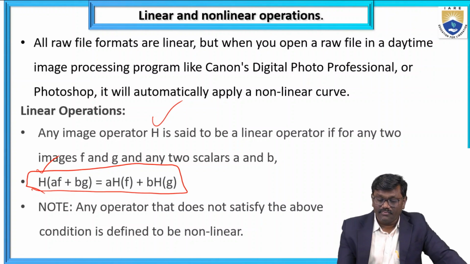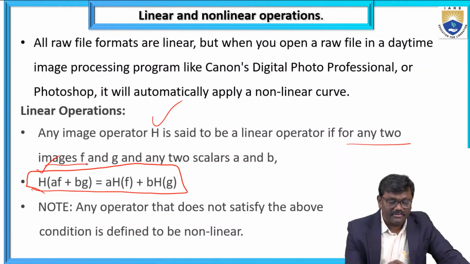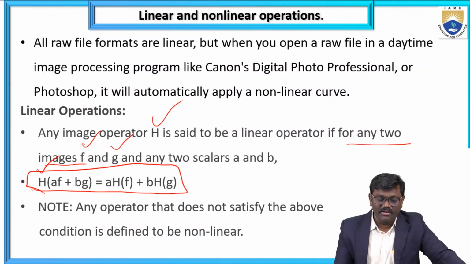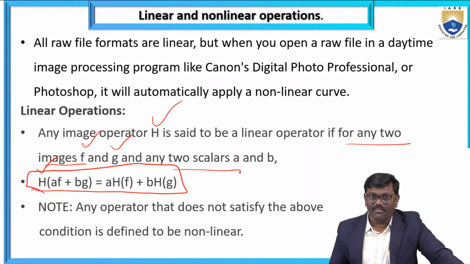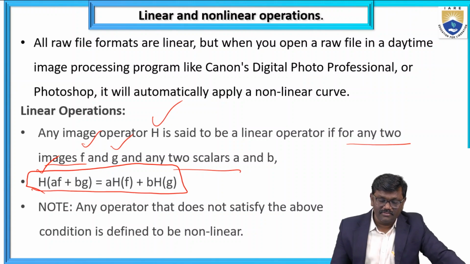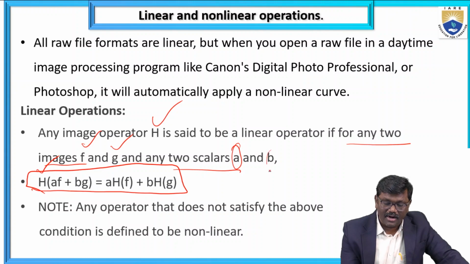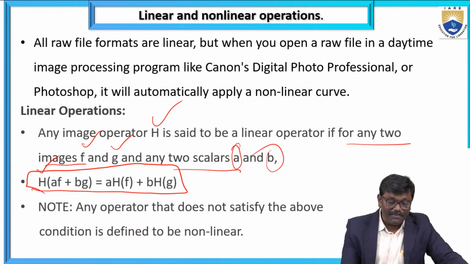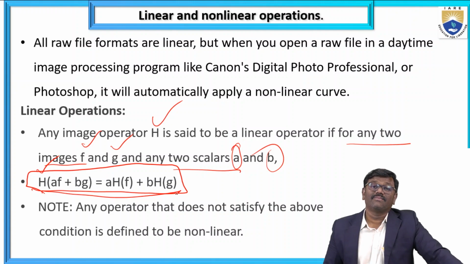For any two images, F one image and G another image, we apply the linear process with the help of two scalar parameter values named A and B. You know the meaning of scalars, nothing but constant values. What is the use of these constant values? To make your complete process linear.